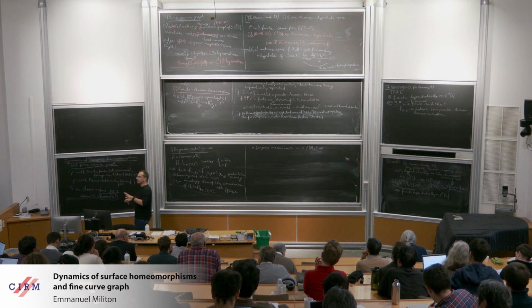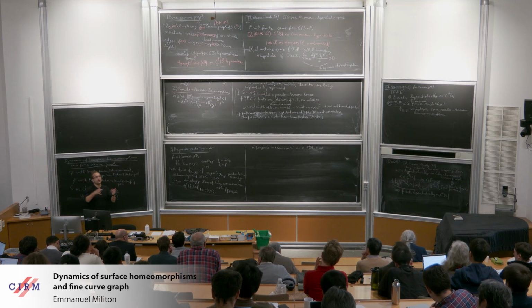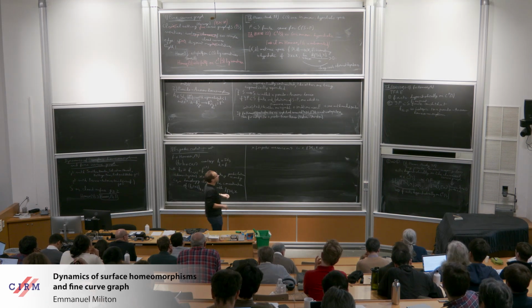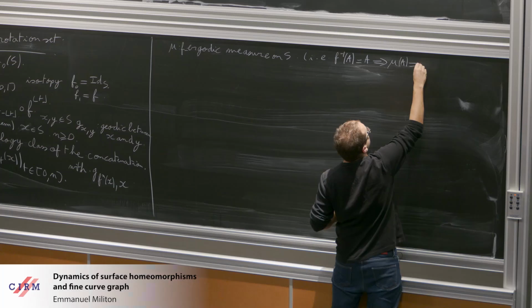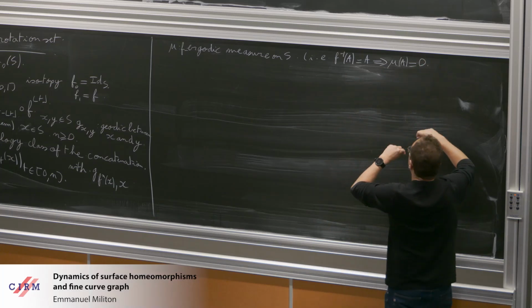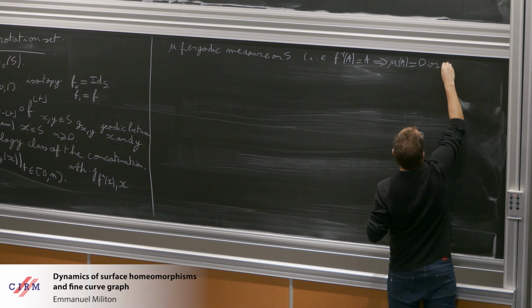So if you are invariant, you are either everything or nothing: either the measure is 0, or you're everything.